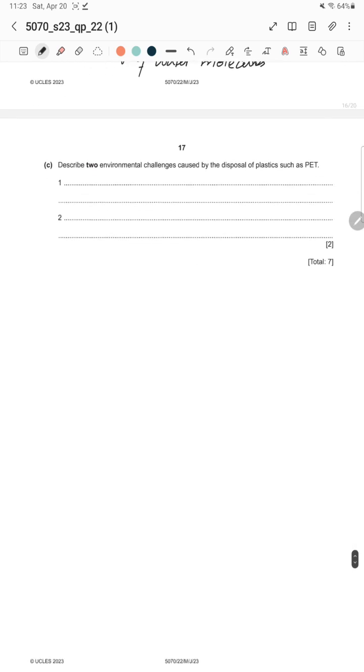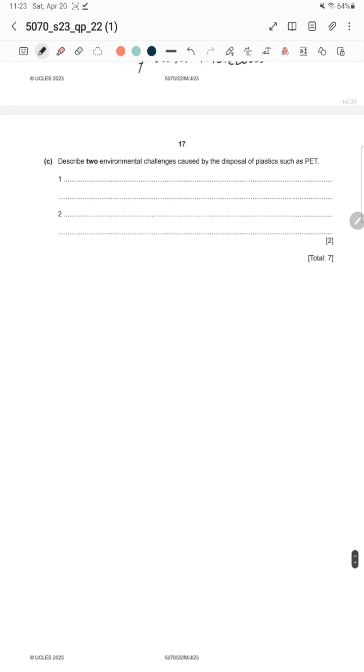There are two more differences. Here I will write addition polymerization. You should learn the three differences, and on the other side I'll mention condensation polymerization.